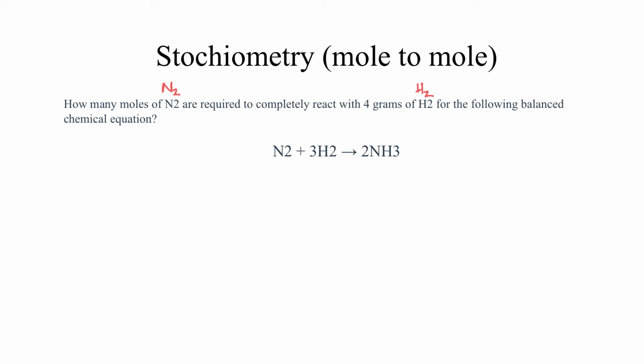And so the way this should be written is N2 plus 3 moles of H2 produces 2 moles of NH3, which is ammonia.